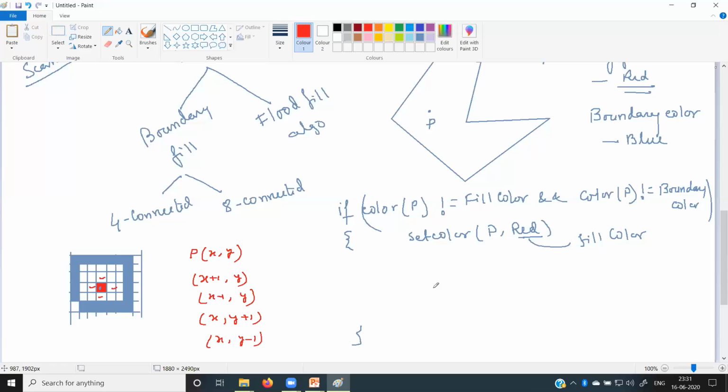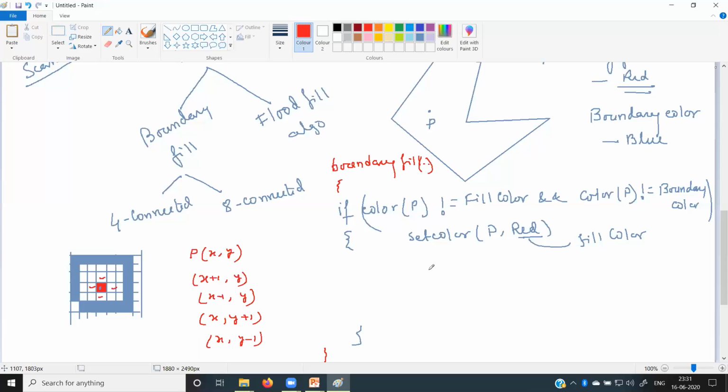So what it will do, it will call the same algorithm for all the four neighbor pixels. If this algorithm is the boundary fill algorithm, and there are some parameters, so consider this is the algorithm.